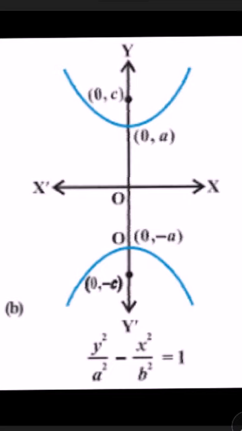That is when x is positive, so the hyperbola will face right and left. But if x is negative and y is positive, the equation is y squared over a squared minus x squared over b squared equals 1, and the hyperbola will face up and down.